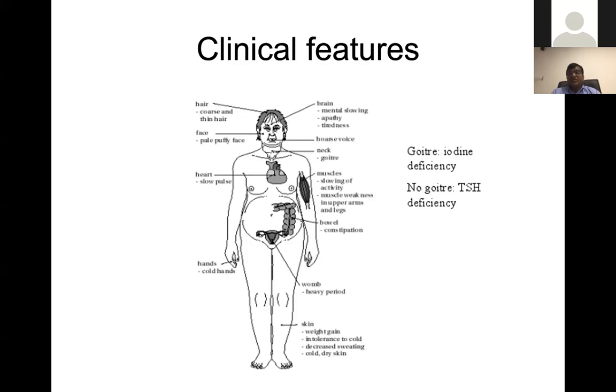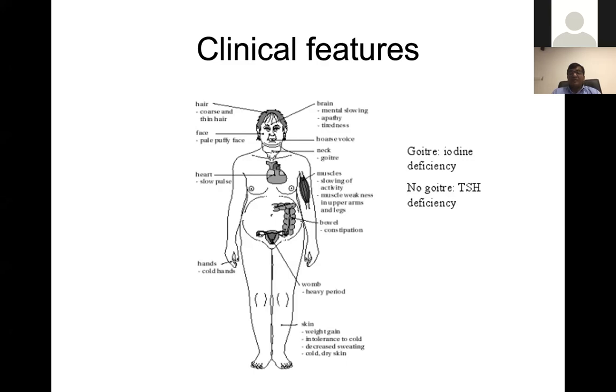This can lead to a hoarse voice. The face can become rounded and puffy, and also the heart slows down. You can get bradycardia and even heart failure. The contraction of smooth muscles in the bowel is reduced, so you get constipation. Similarly, this happens in the uterus, and you get menorrhagia.